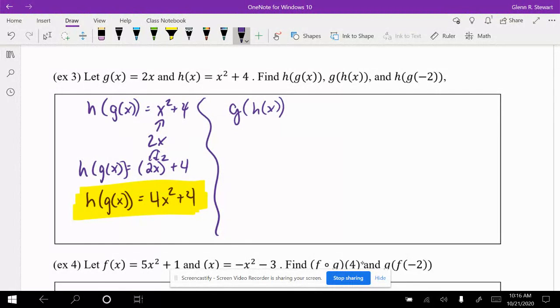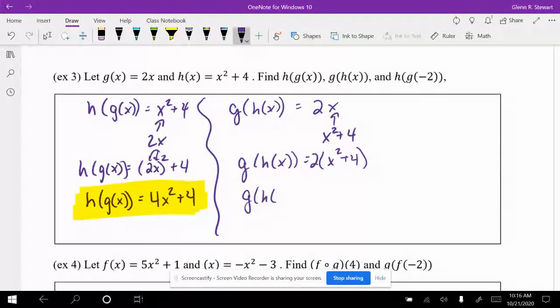Notice how I start with writing what the outside actually is. In this case, it's 2x, and then where that x is, I'm going to have x squared plus 4. So I'll have g of h of x is equal to 2 times x squared plus 4. I'll distribute my 2, and I'll get 2x squared plus 8.